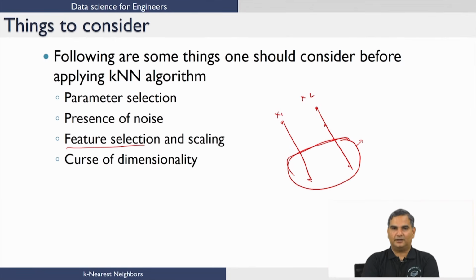So, the distance metric should use only features which will give it the discriminating capacity. So, that is one thing to keep in mind.